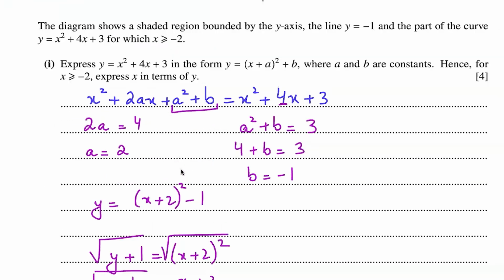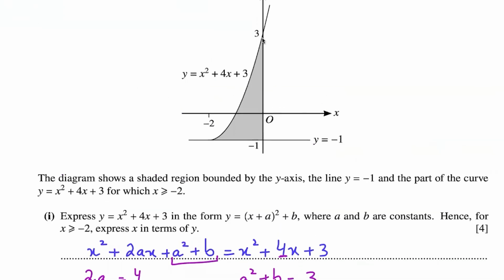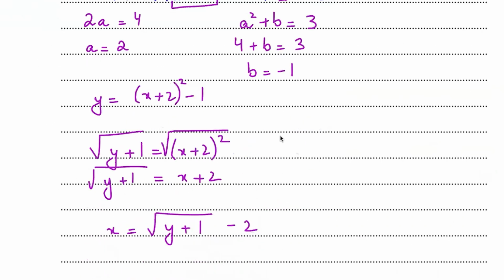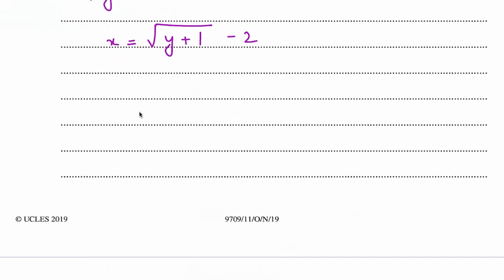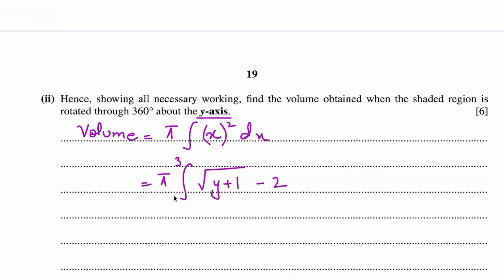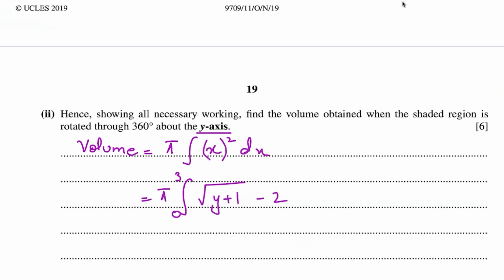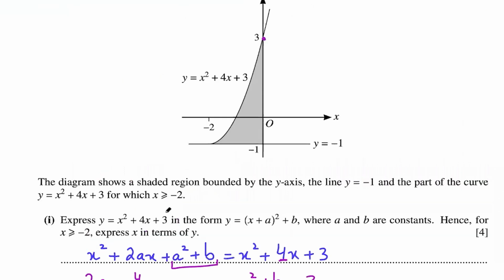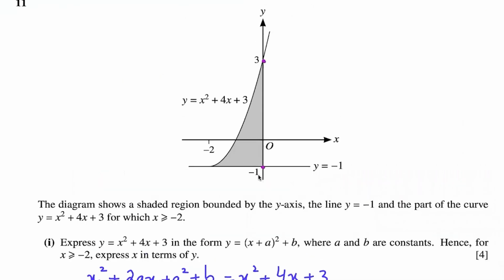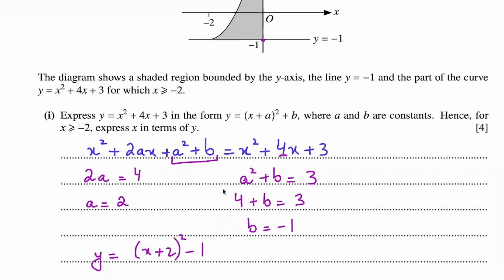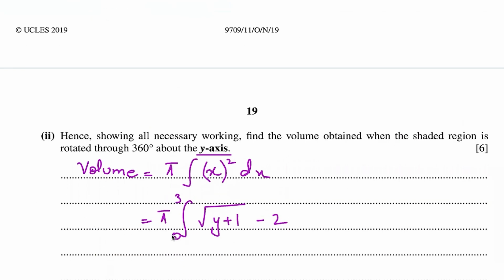And the limits, the y limits, are not 3 and 0, they are 3 and minus 1. So the lower limit will become minus 1.